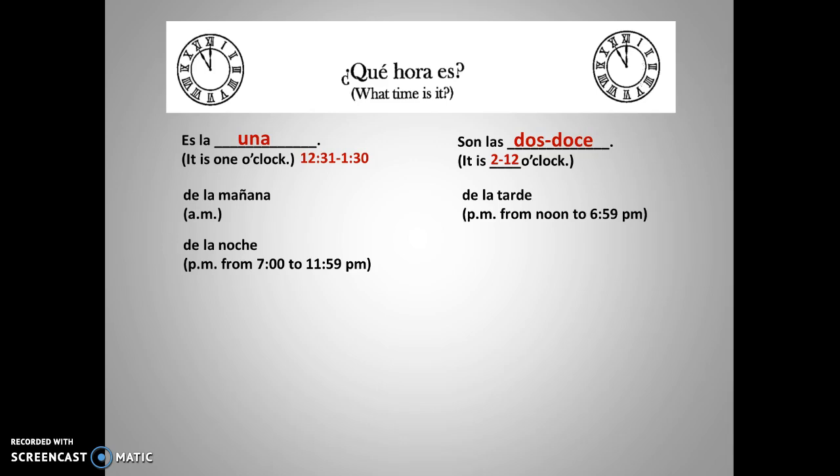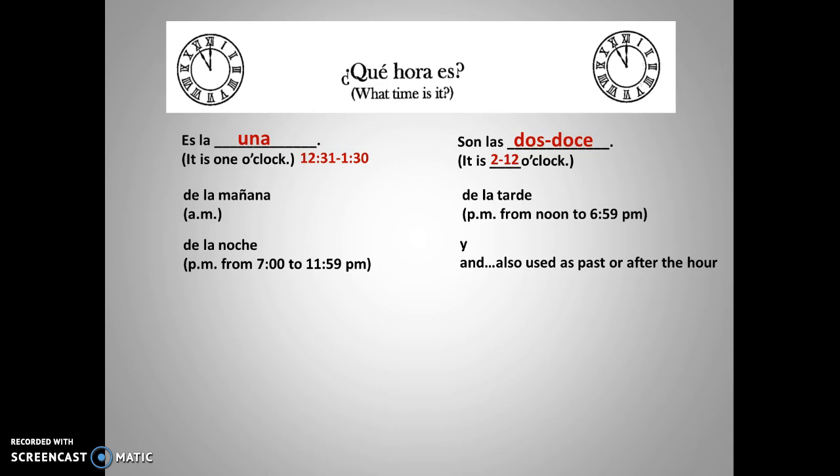And the other PM is de la noche, from 7 o'clock until 11:59 p.m. And again, that means of the night, literally. So de la mañana, de la tarde, and de la noche are AM and PM. Now, it's not always exactly 1 o'clock, 2 o'clock, 6 o'clock, 11 o'clock.